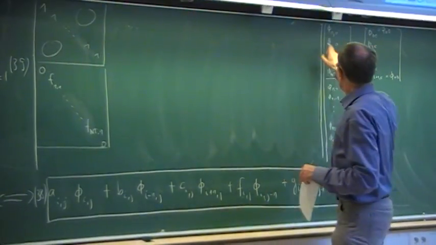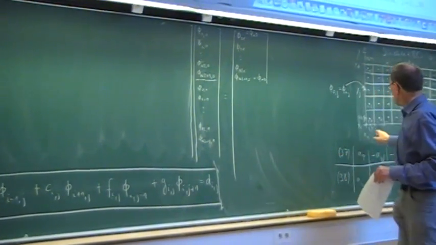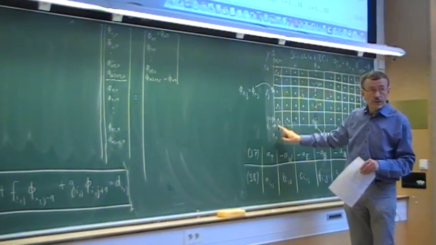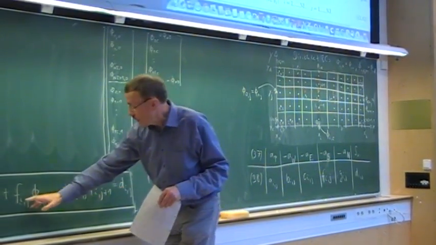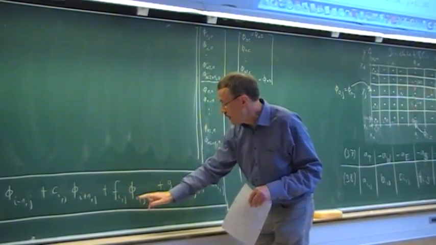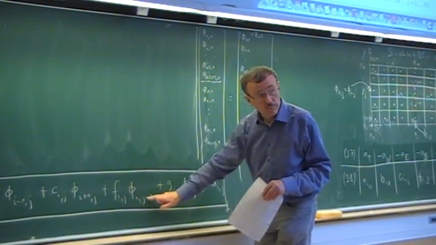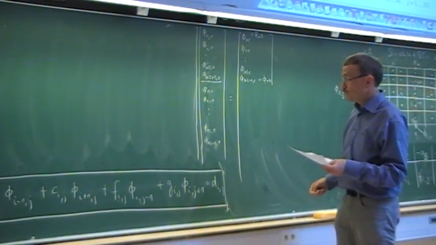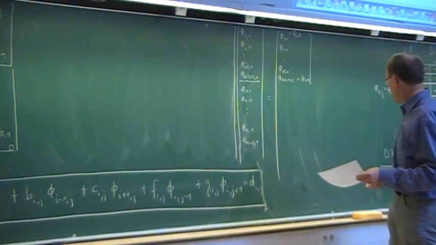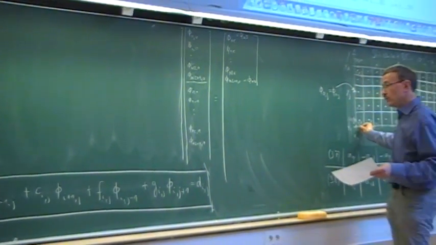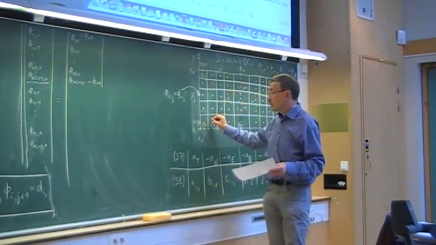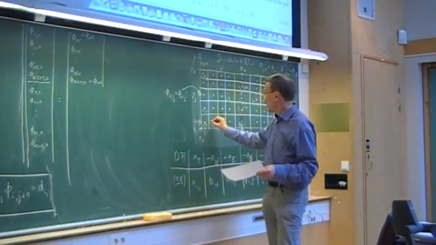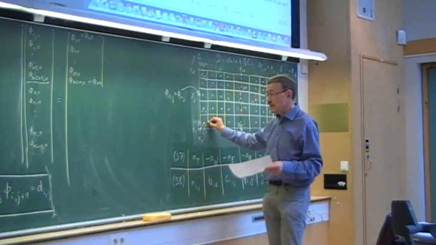F11 times phi10, that is this one here, that will correspond to this one here, F11 phi10. So that will be there. So then we have taken the southern contribution into account. Now we'll take into account the western and first the western, the center point, and the eastern.